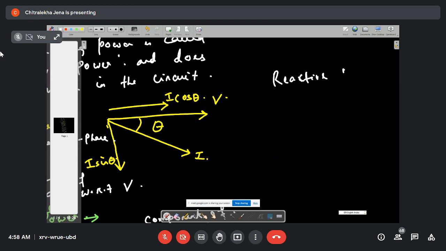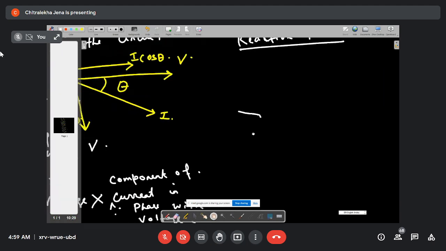Reactive power. What is reactive power? Just before, I told you what reactive power is. It is the power consumed by inductor and capacitor, right?